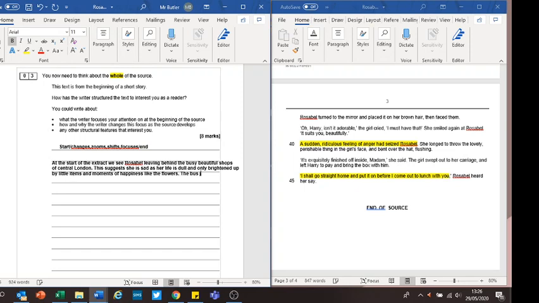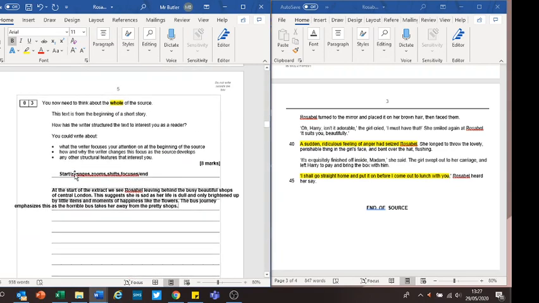The bus. Now you've already mentioned the language in the bus journey, so you don't need to go into the detail of the mud and the atmosphere and all the people. But the bus journey emphasizes this as the horrible bus takes her away from the pretty shops. Now you don't need to put in a quote if you're not talking about language. And you can use quotes later on when you want to talk about the sudden shift.